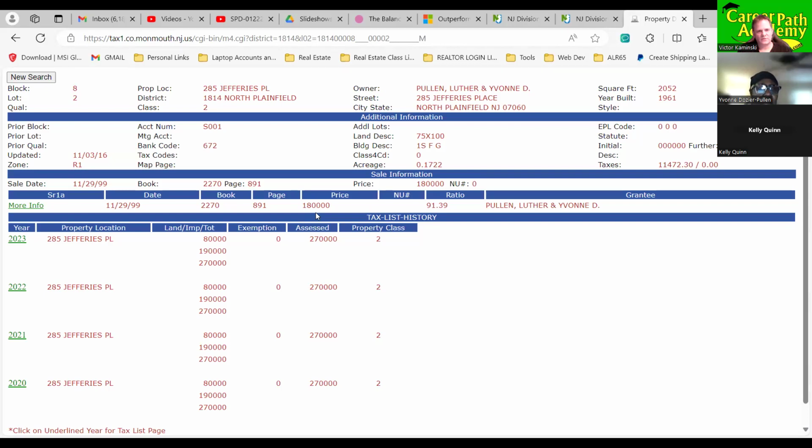What am I doing wrong? That's the purchase price, that's not the assessed value. But either way, $180,000 times 91.39% gives 164,000.